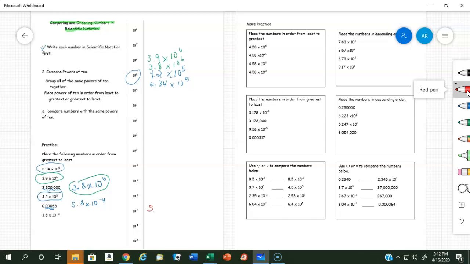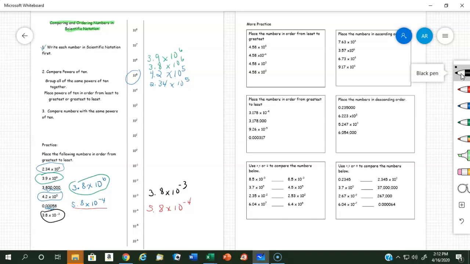So I have 5.8 times 10 to the minus 4th. That's that one. And then let's go ahead and use black for the other one, and then I have 3.8 times 10 to the minus 3.